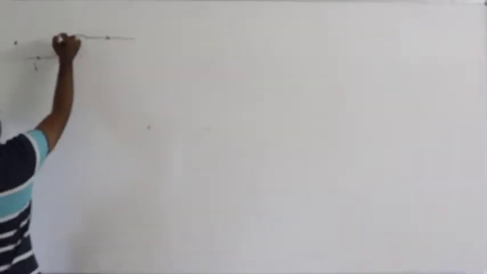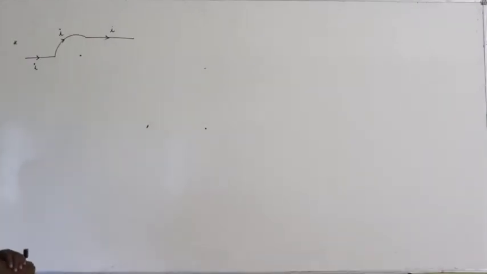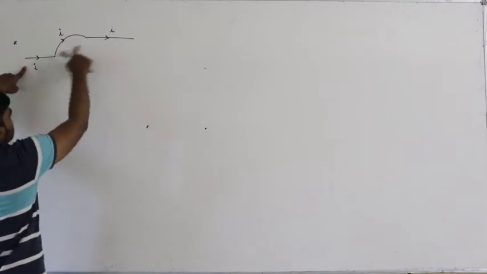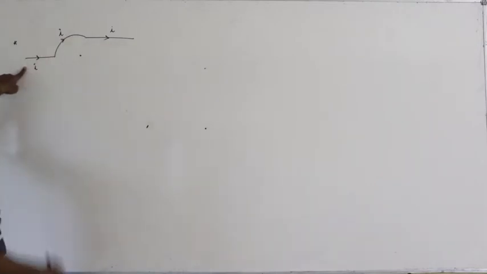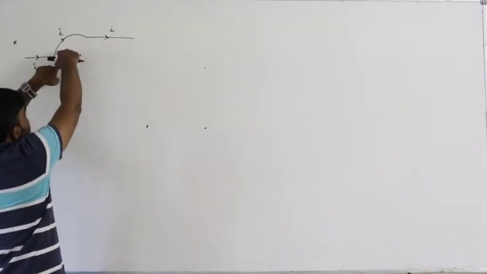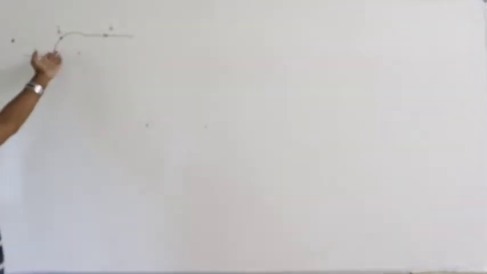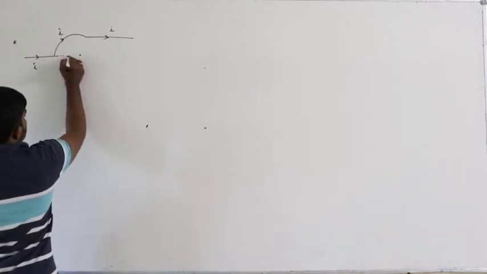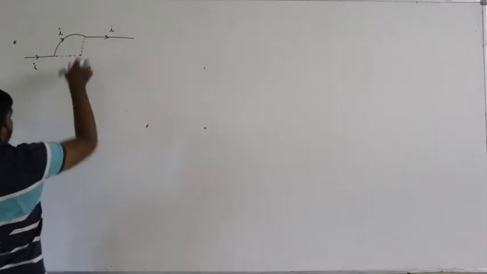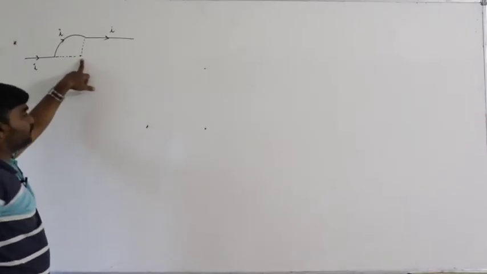This is I. These two are straight conductors and this is the circular conductor. Of course, this shape is circular, but it is 1/4 of the circle. If we extend this like this, we can get 1/4 of the circle. So due to this shape, what is the intensity of the magnetic field at the point P?